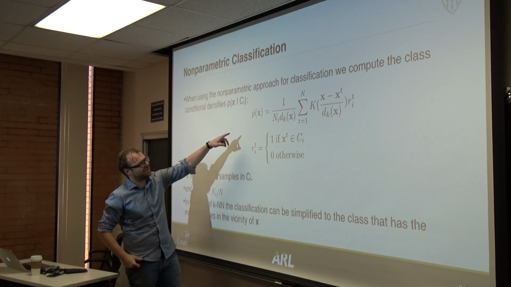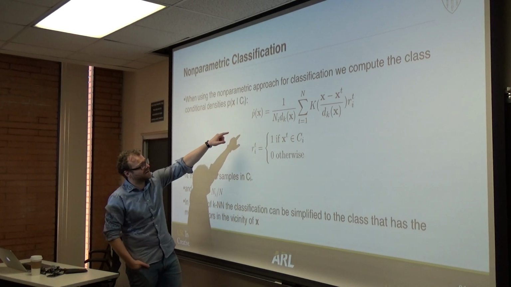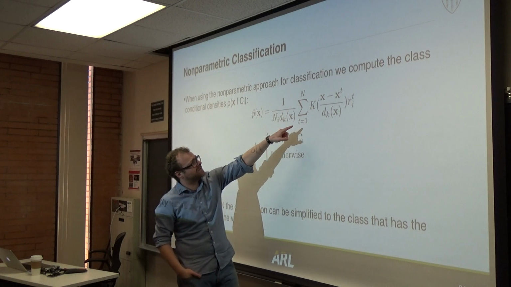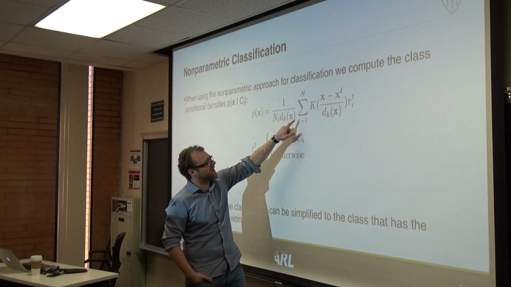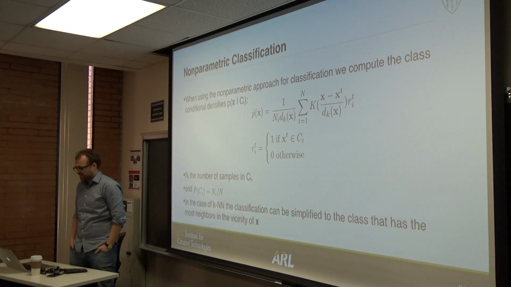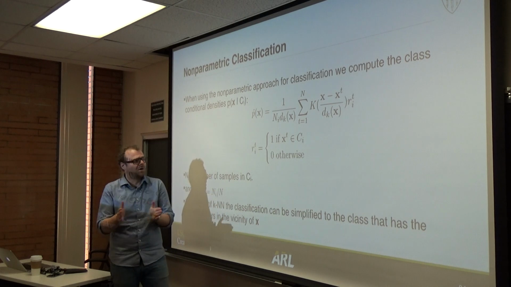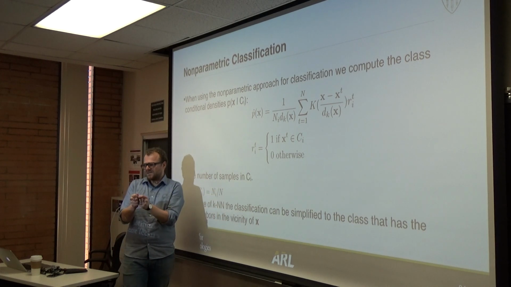So this is the nearest neighbor classifier, where we define a k again, that could be 1, 3, 5 nearest neighbors, and you would choose the one that has the highest density.